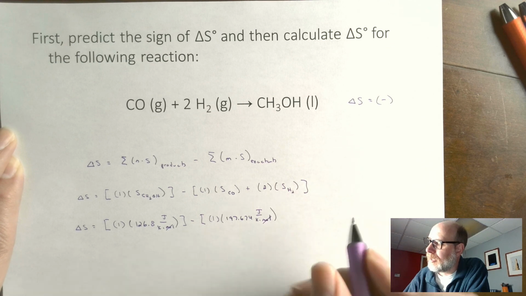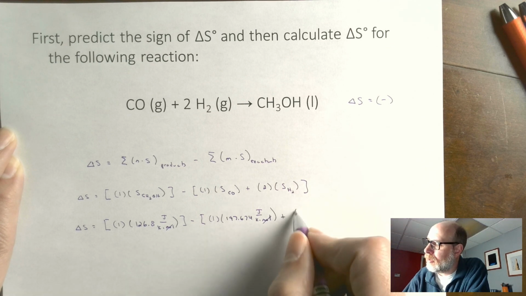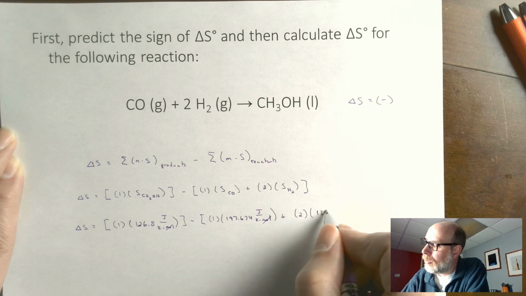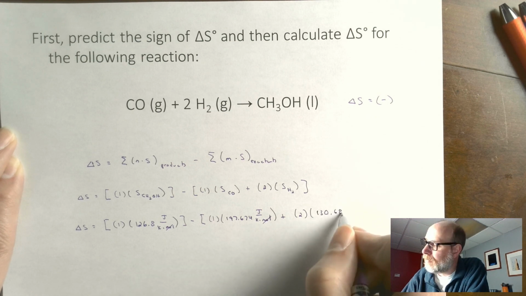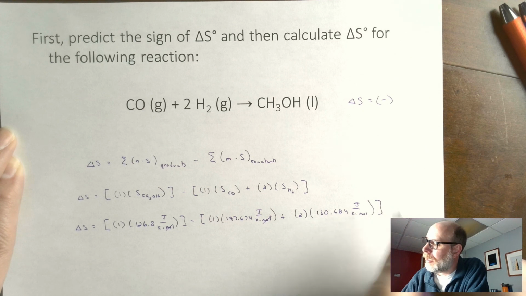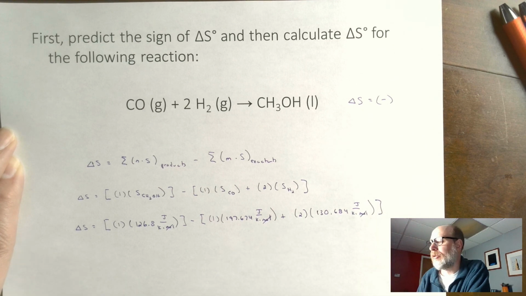The mole crosses out, plus 2 times the entropy of hydrogen, 130.684 joule per Kelvin per mole. And again, the mole is going to cross out from the 2. And we're going to be left with joule per Kelvin, which is the unit for entropy.